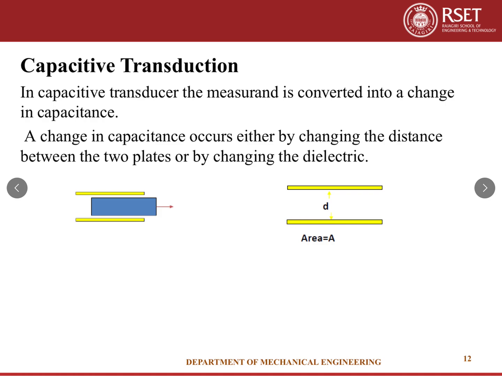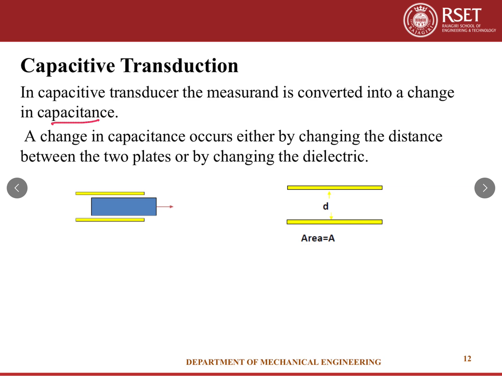In capacitive transduction, the measurand is converted into a change in capacitance. In a capacitor we know there are two plates, and the gap is filled with a dielectric medium.